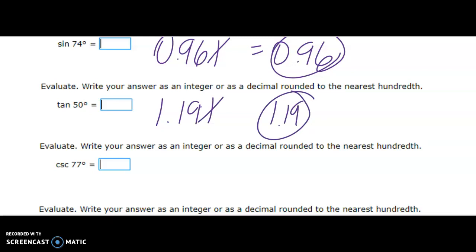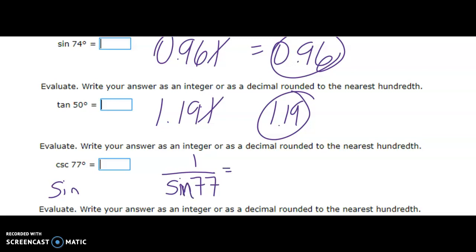Okay, cosecant 77. So cosecant is the reciprocal of sine, right? Reciprocal means that you flip it. There is not a cosecant button or secant button or cotangent button on your calculator. So what you're really doing is this in the calculator to be able to figure it out.